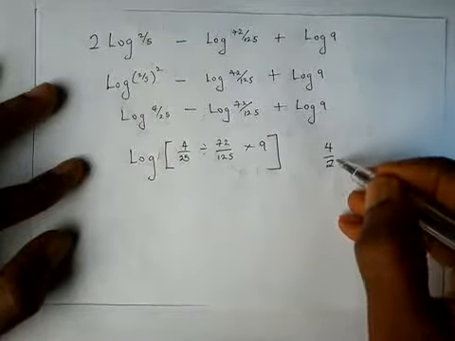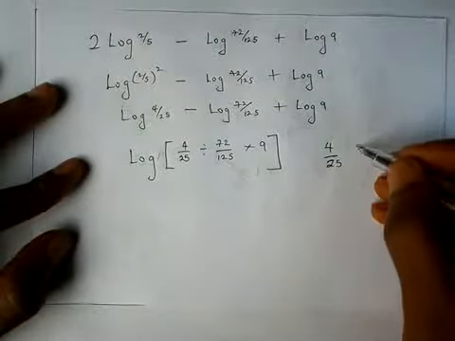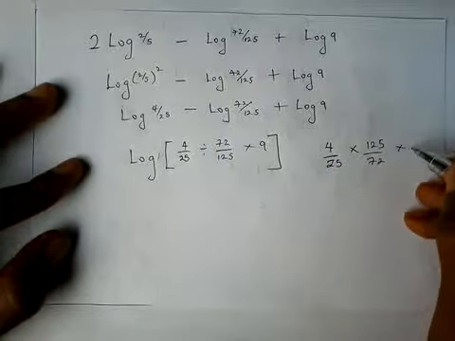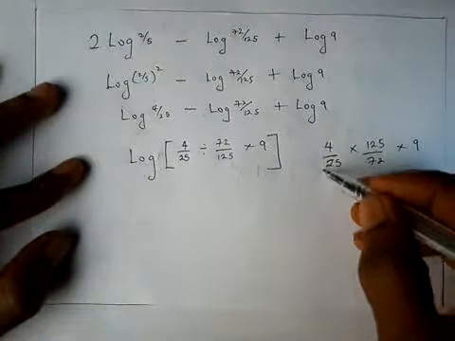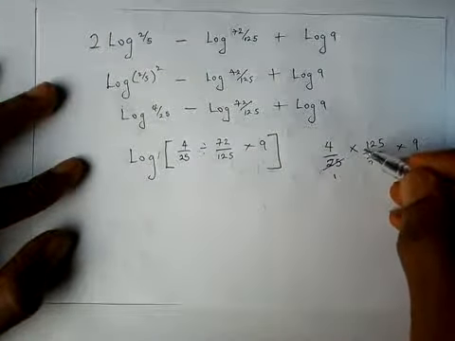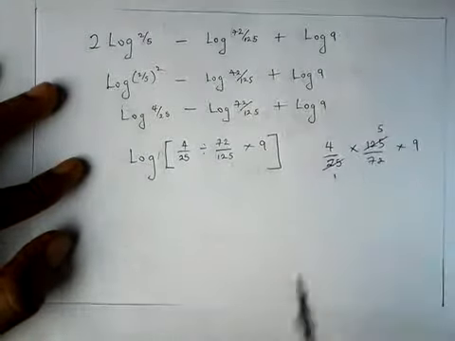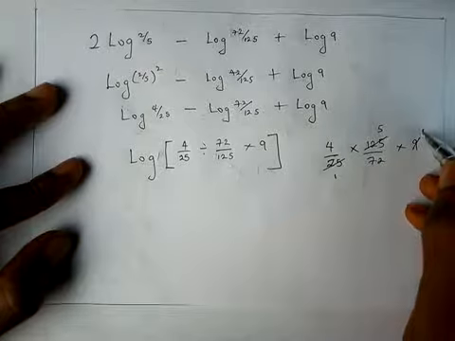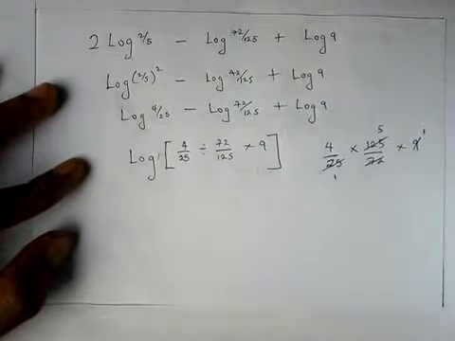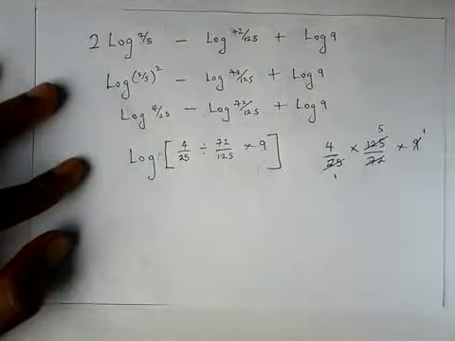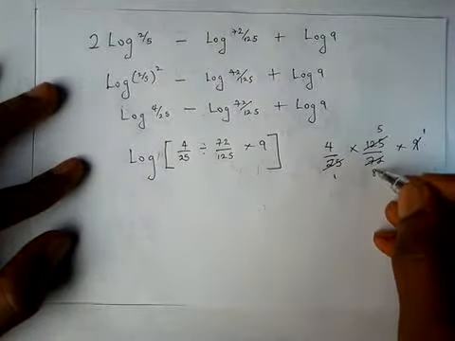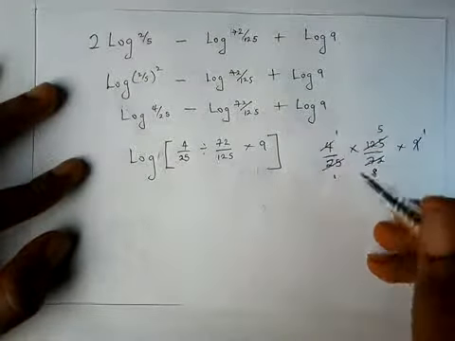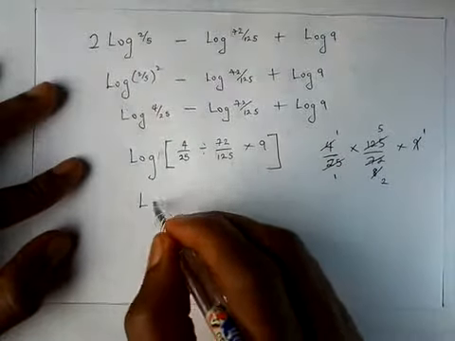That will be 4 over 25, changing divide to times, this guy will have to flip to be 125 over 72 times 9. 25 here and 125 here is going to give us 5. Then 9 here is 1, 9 here is 8. Then 4 here is 1, 4 here is 2, so I'm left with log of 5 over 2 to base 10.